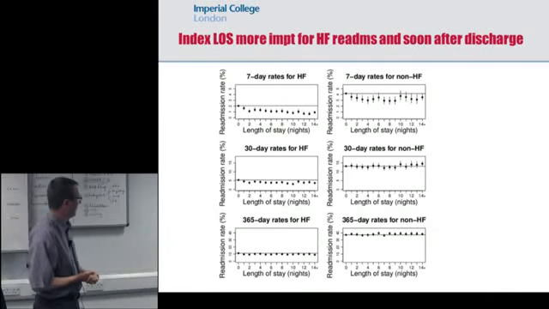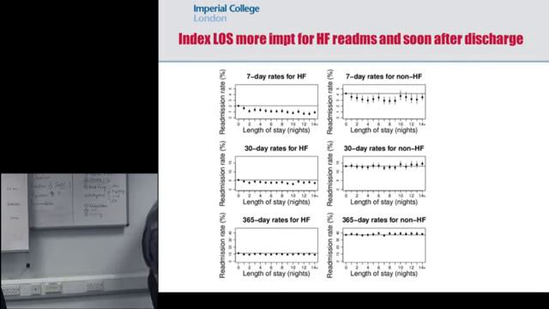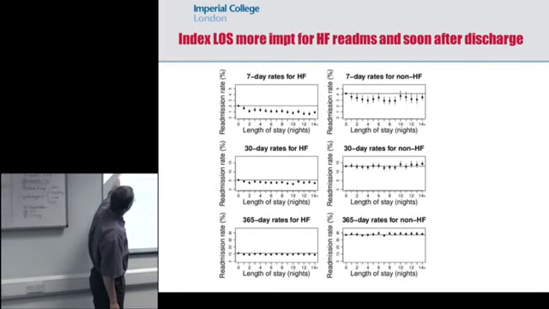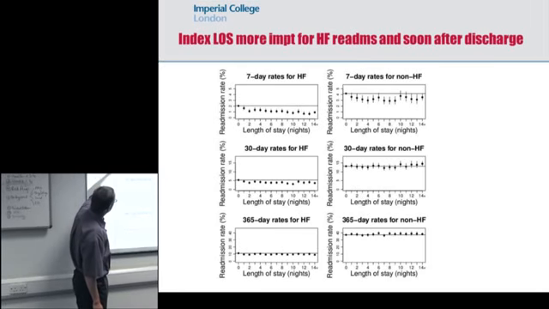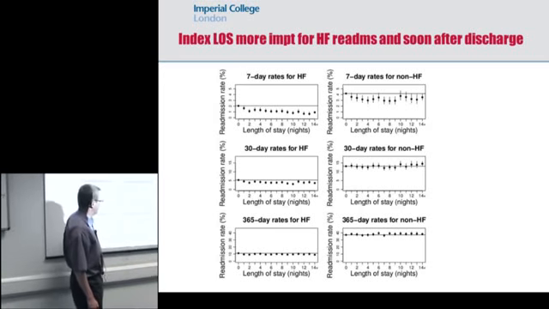And this makes the point about the impact that length of stay has. Here, for 7 days, longer length of stay is actually a good thing compared with staying 0 days, but the effect diminishes with time. And for non-heart failure, it's less.